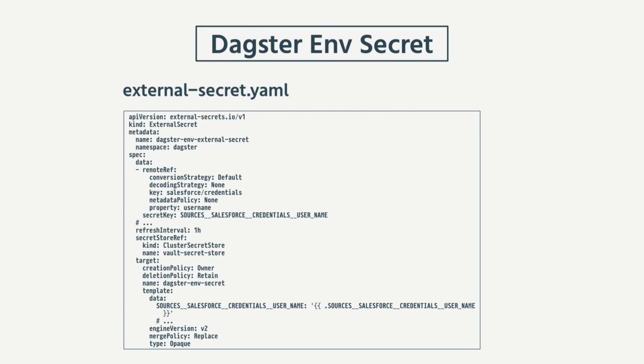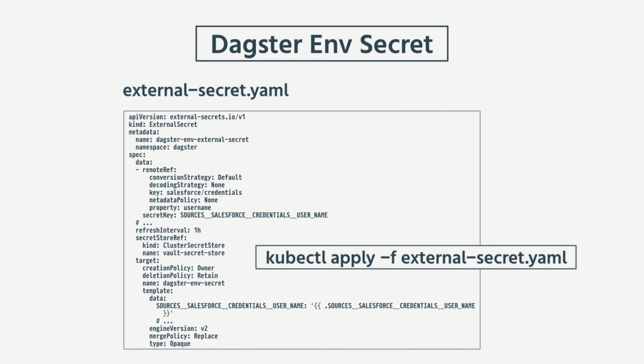Next, define environment variables via a Kubernetes secret. In this demo, we'll use an external secret that reads from Vault and materializes a secret named dagster-env-secret. Apply a manifest like this.